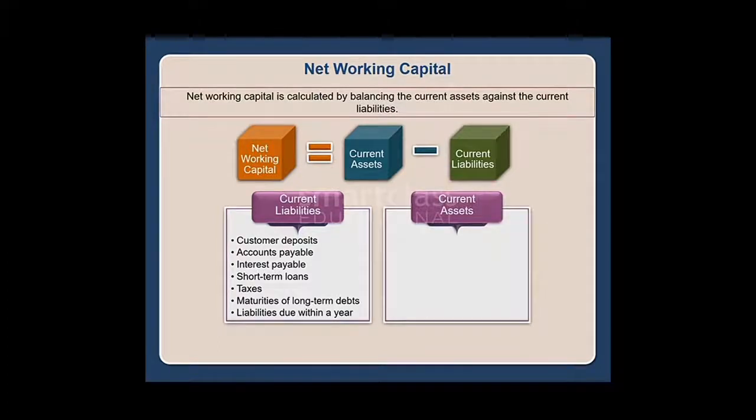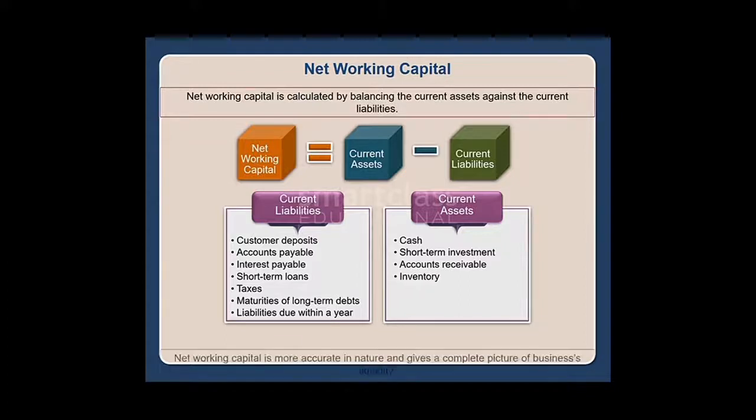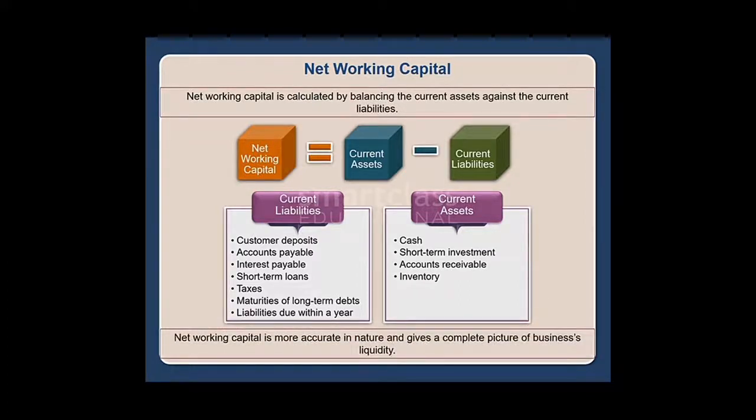Current assets are cash, short-term investment, accounts receivable, inventory, etc. Net working capital is more accurate in nature and gives a complete picture of business's liquidity. Let us take an example to understand it better.